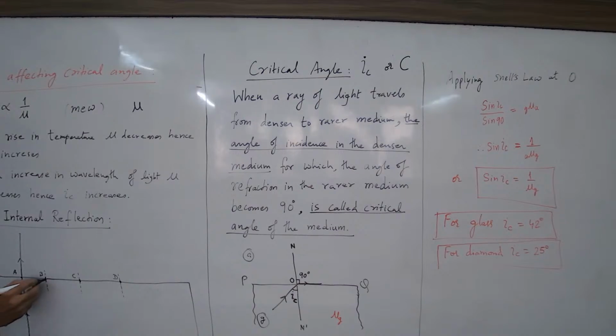So at B, let us say this is incident at some angle of incidence, I1. So it will suffer refraction, like this. Let us say we are calling angle of refraction R1. Okay. Now here, let us say it is incident at critical angle.